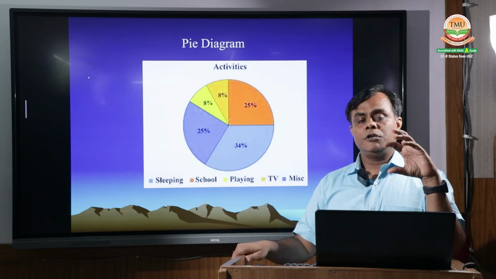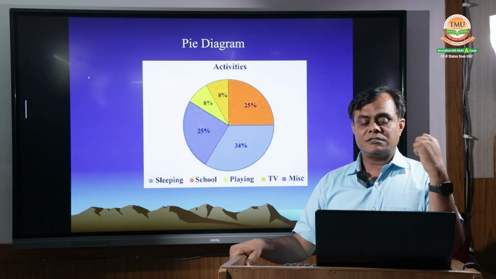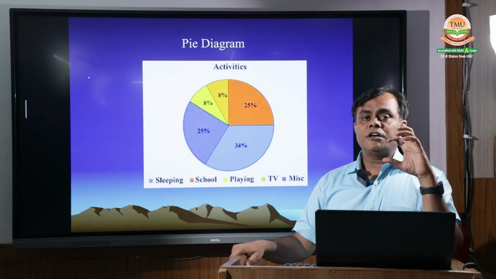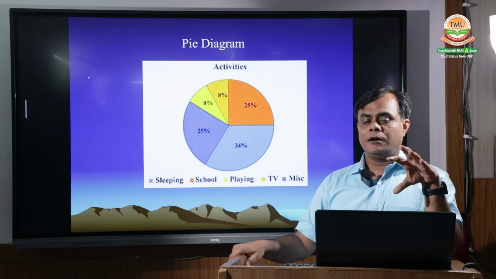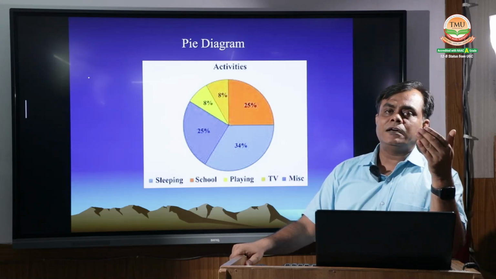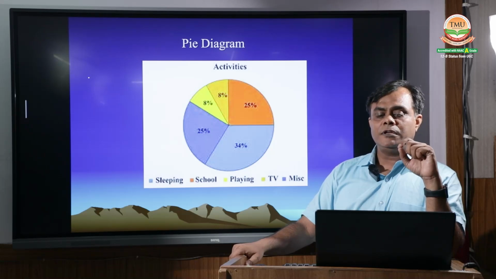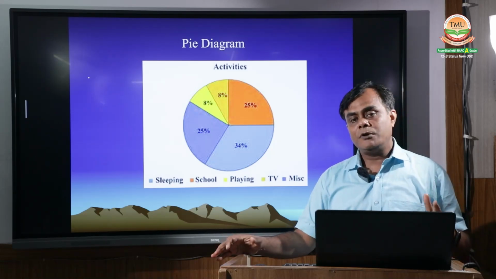So through this pie diagram, you can understand how you can put information in such an interesting manner, and by seeing that pie diagram, anyone can understand how much time a particular activity involves.